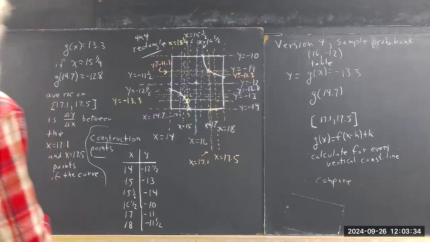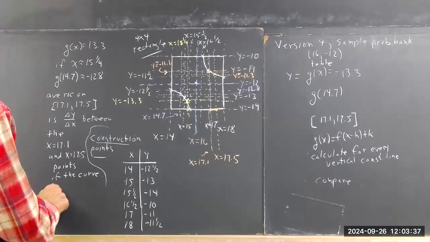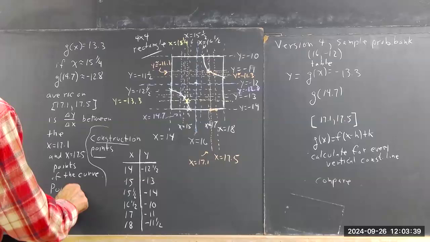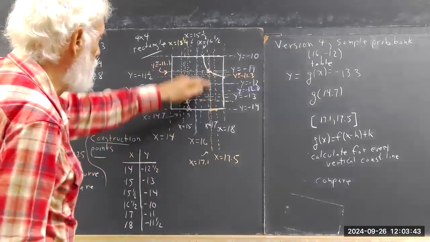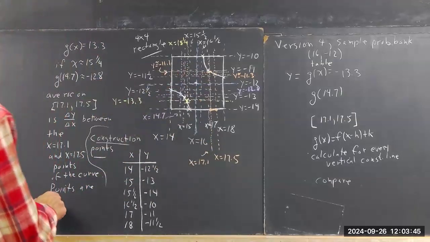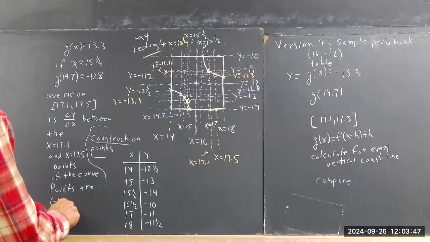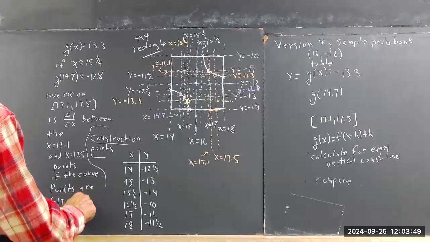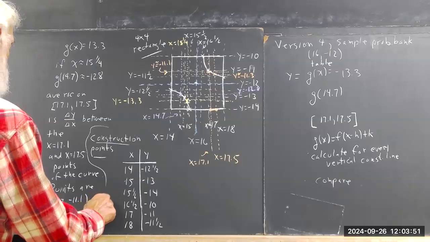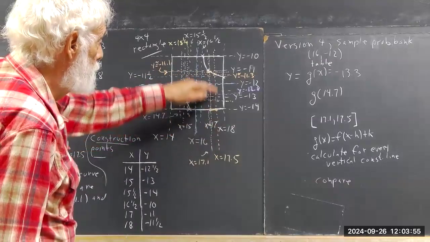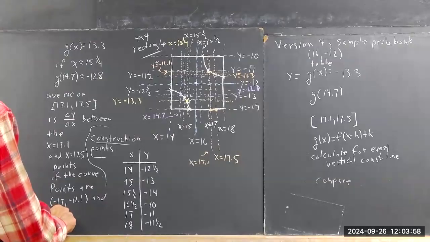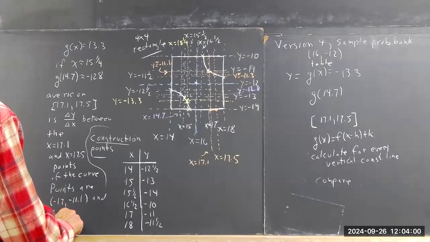The points are x equals 17.1, y equals negative 11.1, and 17.5, negative 11.3.